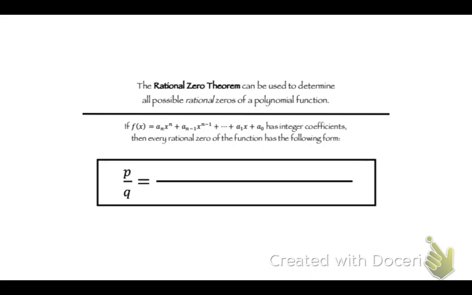So the rational zeros theorem can be used to determine all possible rational zeros of a polynomial function. To do this, you do p over q. P is always the factors of the constant term, so that is a sub 0, or this is the last term.